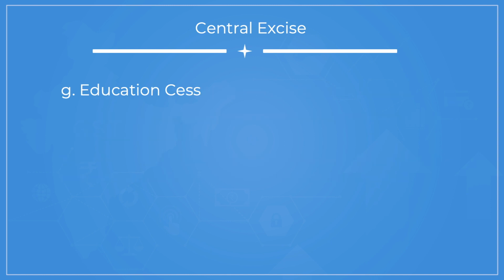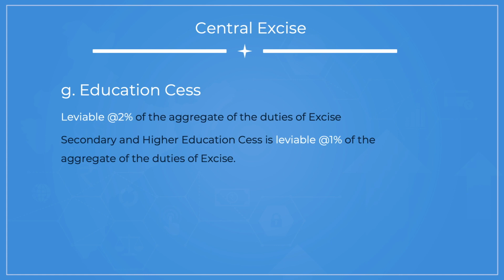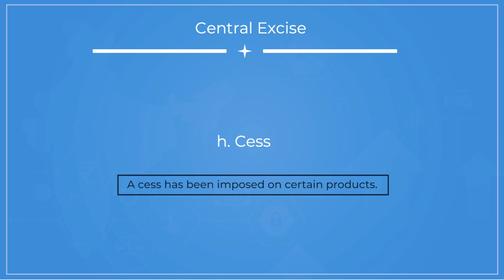Education cess. Education cess is leviable at 2% of the aggregate of the duties of excise and secondary and higher education cess is leviable at 1% of the aggregate of the duties of excise. Cess. A cess has been imposed on certain products.